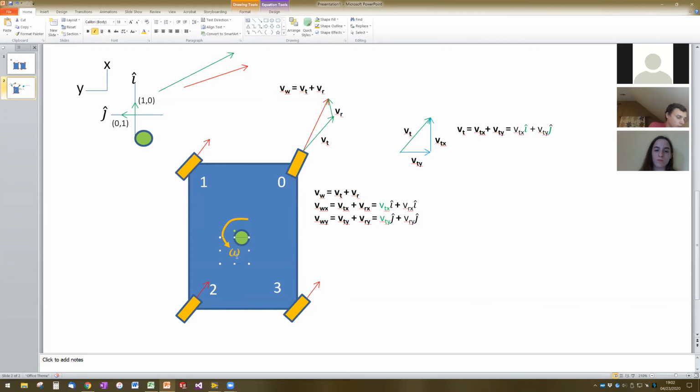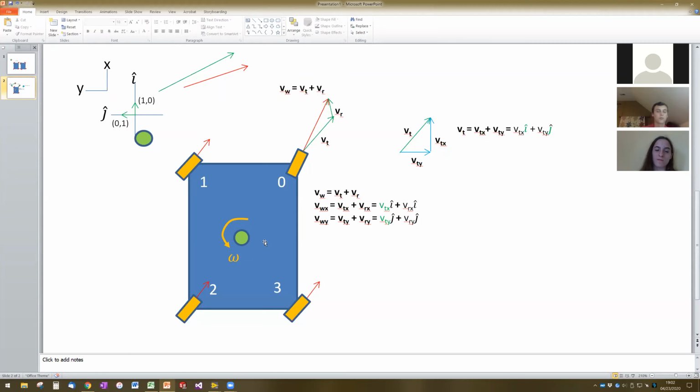Our task now is, if the drivers are going to set omega, we need to convert omega into VRX and VRY, because that's what the swerve modules are going to need in order to get their final velocity vector. I must say omega, I'm going to stick with omega. Alex, you can say omega in your head if you'd like.